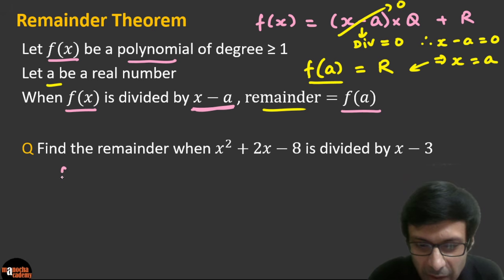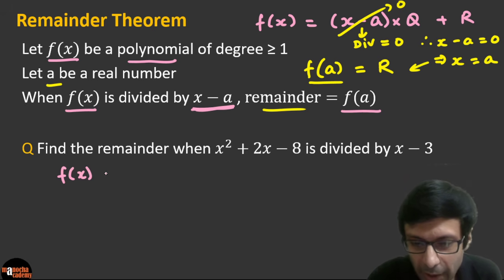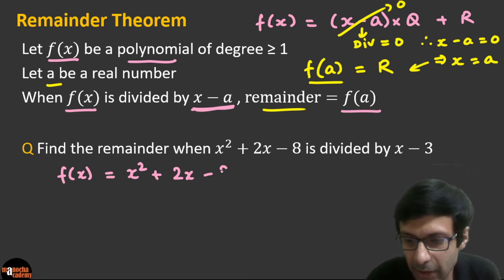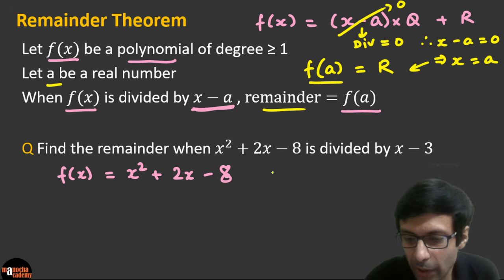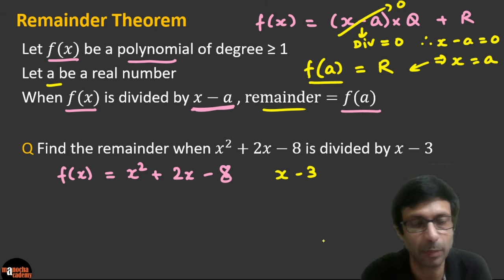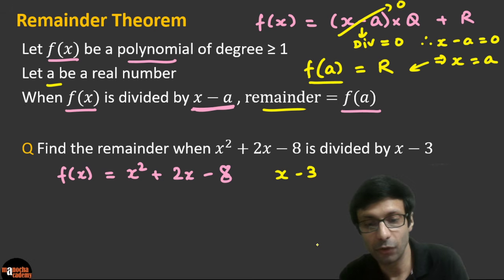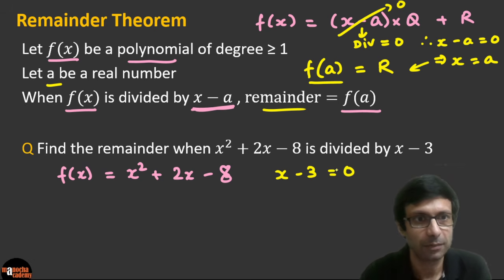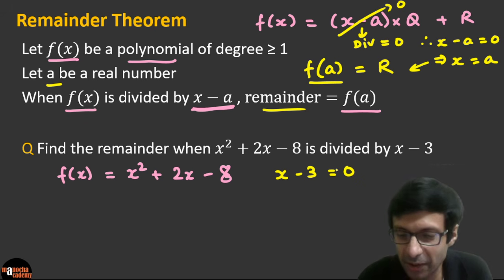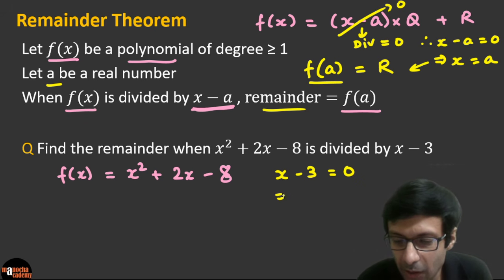This is our polynomial f(x), which is x square plus 2x minus 8. And we are dividing this by, what is our divisor? We are dividing it by x minus 3. Now I told you what is the trick. You just set the divisor equal to 0. So we set the divisor equal to 0, or we can say x equal to 3.